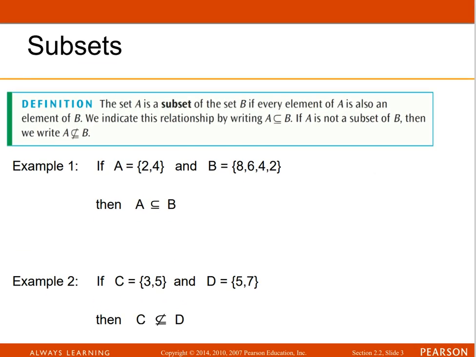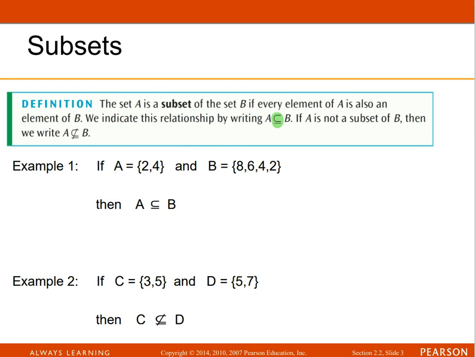All right, subsets. Set A is a subset of another set B if every element of A is also an element of B. And the symbol for subset is this symbol right here. It looks like a sideways U with a line underneath it.